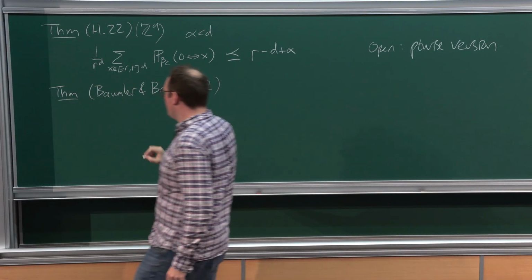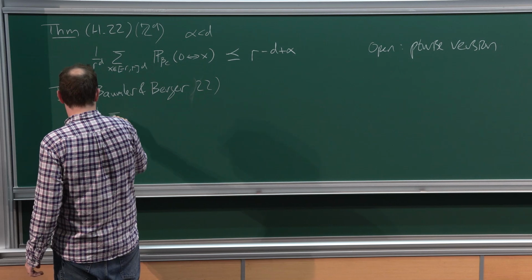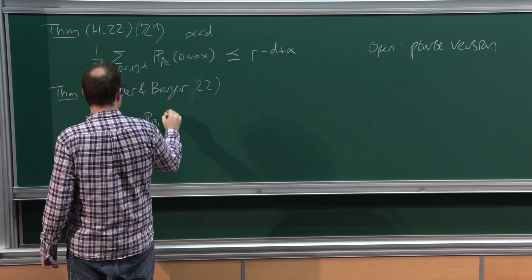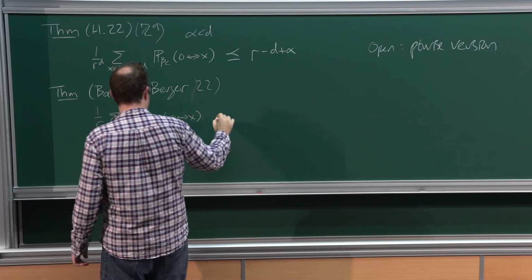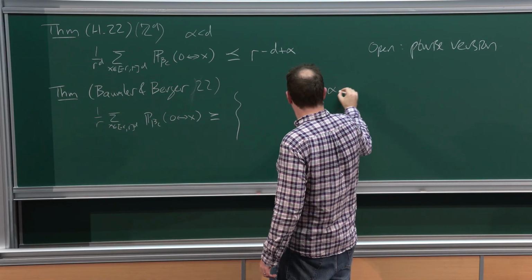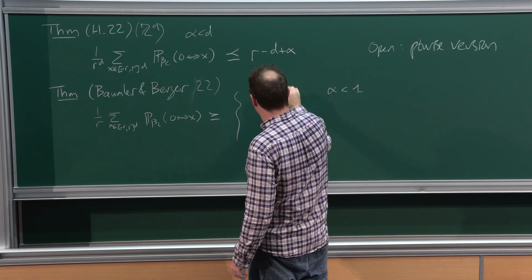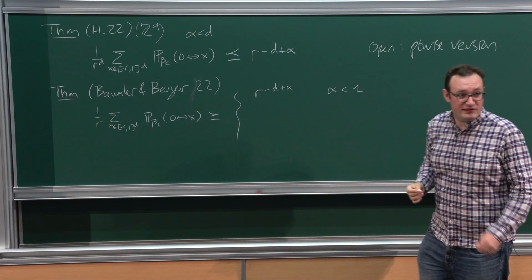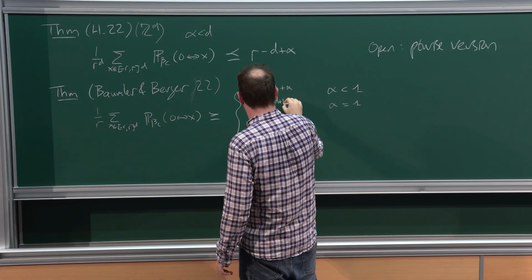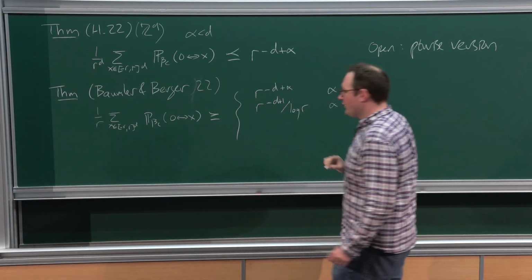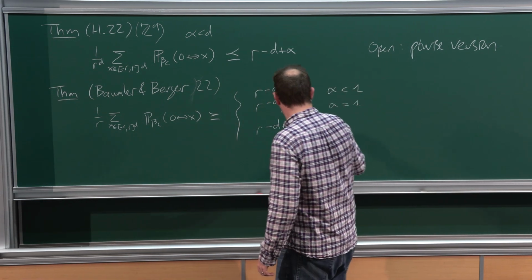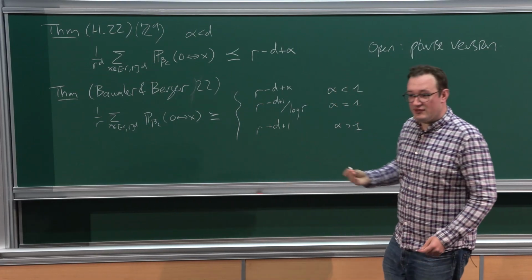They showed that if you look at the same quantity, then, if alpha is less than 1, you get a matching lower bound, again with some implicit constants. If alpha is equal to 1, they get a lower bound that's matching up to a log factor, 1 over log. And when alpha is bigger than 1, the power just sticks at 1.